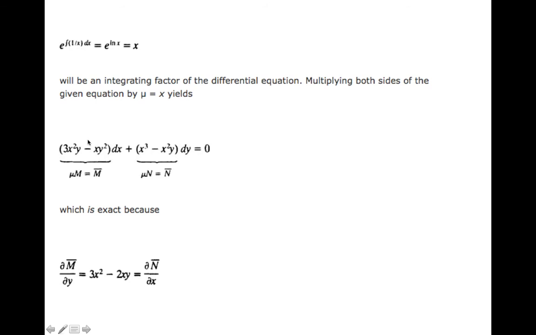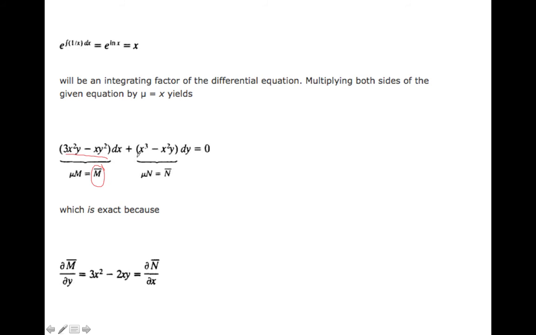Now we take our original equation and multiply it, replacing M with mu times M. So our original M is now multiplied by x, shown here in this first term. These notes refer to that as M bar.